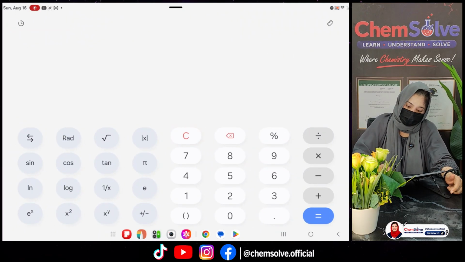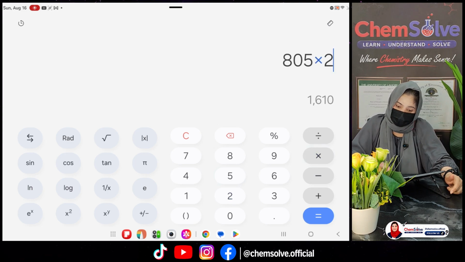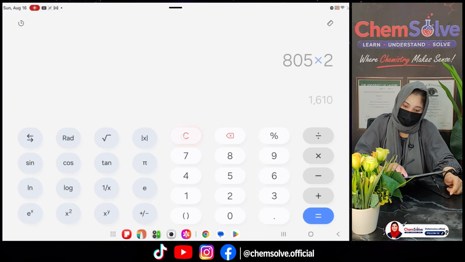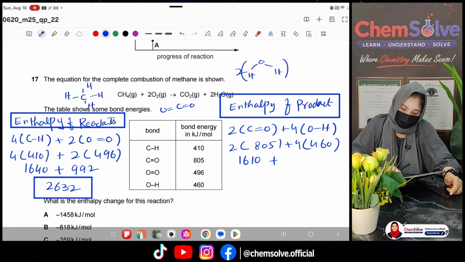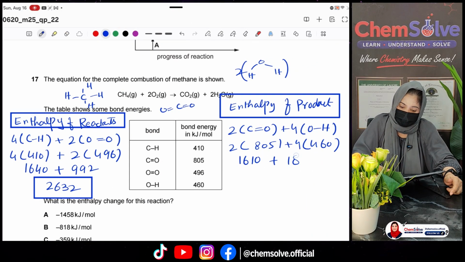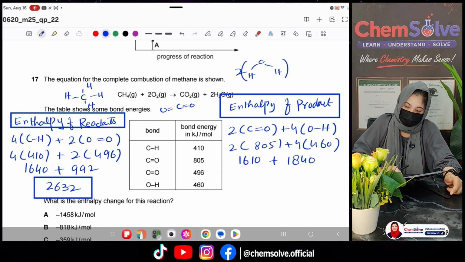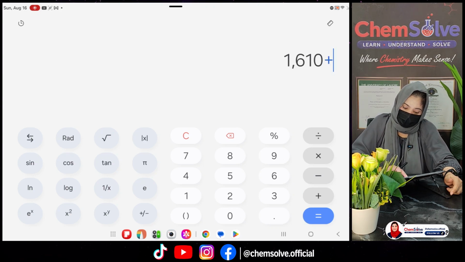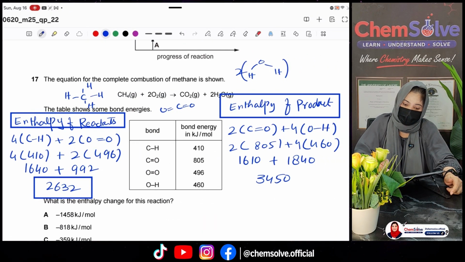So 805 multiplied by 2 is 1610. 460 multiplied by 4 is 1840. 1610 plus 1840 is 3450.